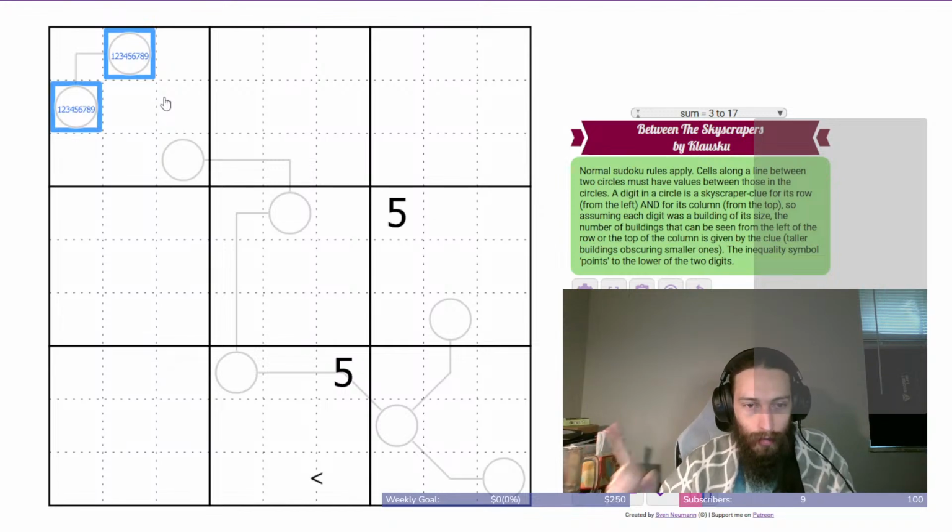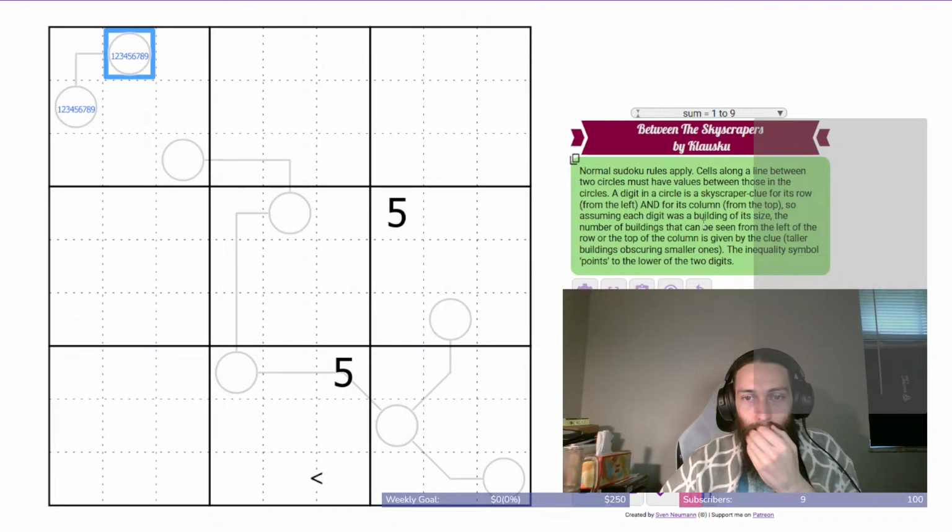Well, the answer to that question is no, because it is a skyscraper clue for its row from the left and for its column from the top.